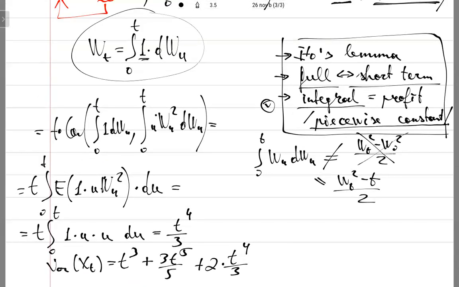Okay, we go on. Boris Borisovich, may I have a question, please? What should we do if we have under the integral not dWu, but du in the covariance? In general, it's hard to say. There is no simple formula for that. Sometimes you can go from a stochastic integral using Ito's lemma to a Riemann integral.